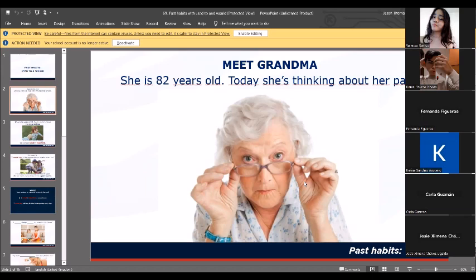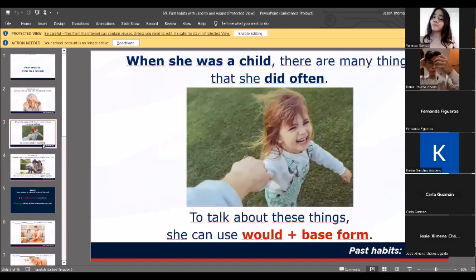Meet grandma. She is 82 years old. Today she thinks about her past. Continue. When she was a child, there are many things that she did often.